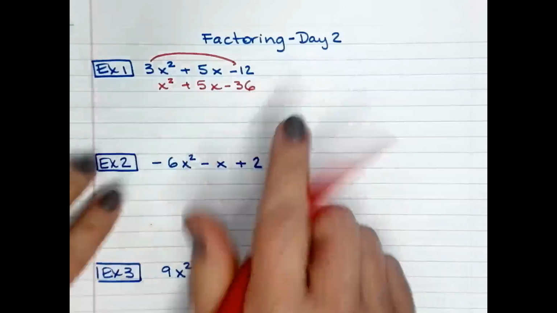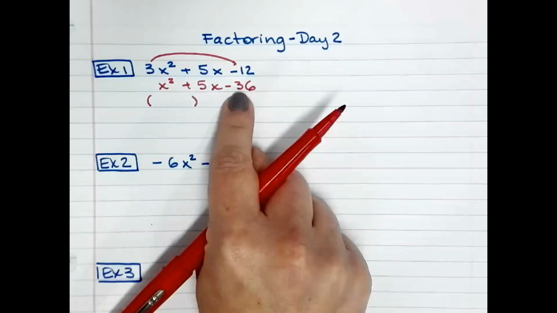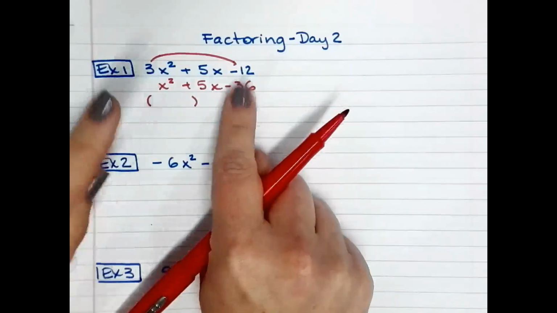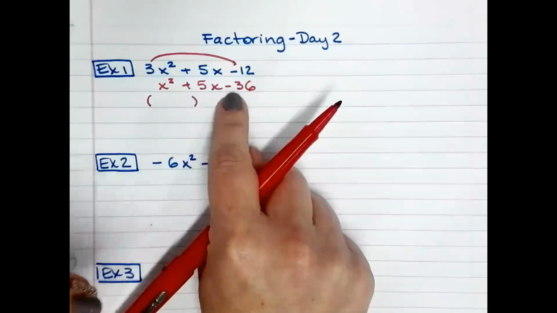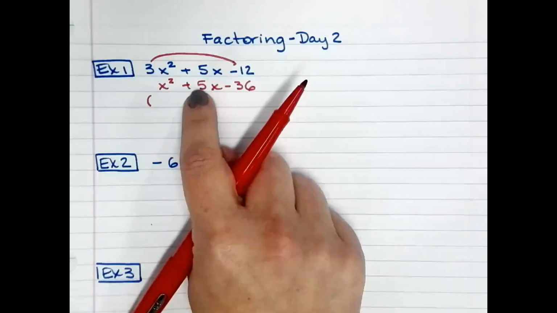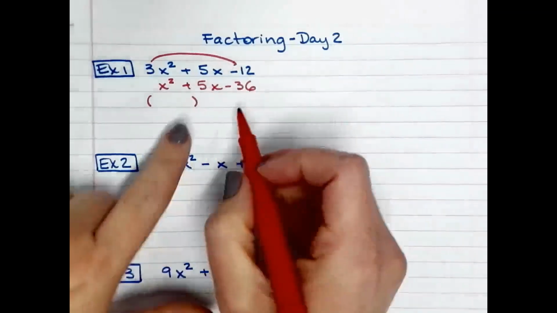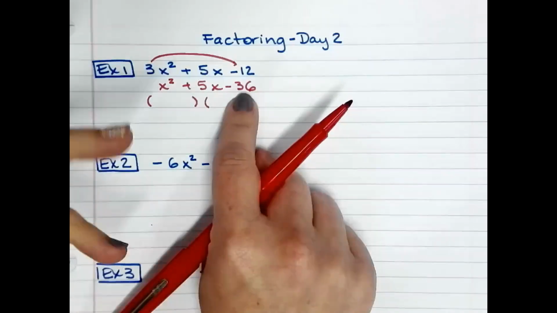All right, now the leading coefficient is 1. I can factor mentally. So I'm looking for two numbers that multiply to negative 36. So I know they will have different signs. So one is negative and one is positive. And the same two numbers need to add up to positive 5. Okay, so when I look at 36, I think 9 and 4.